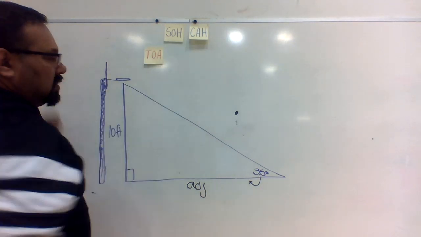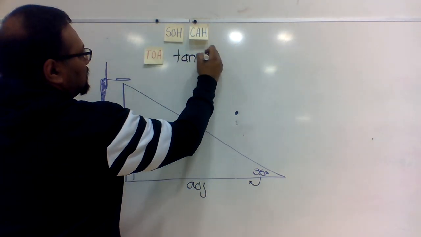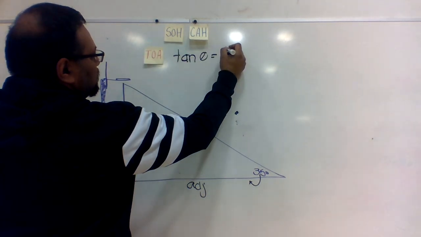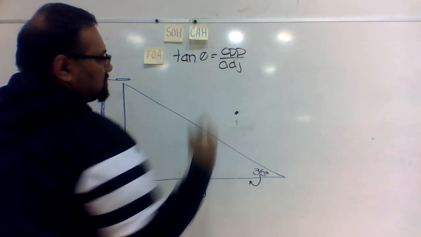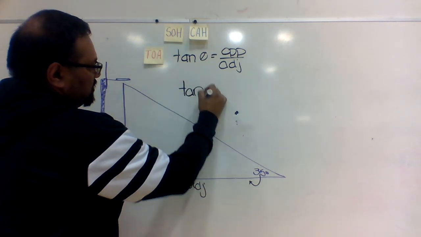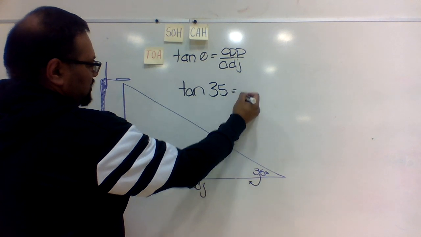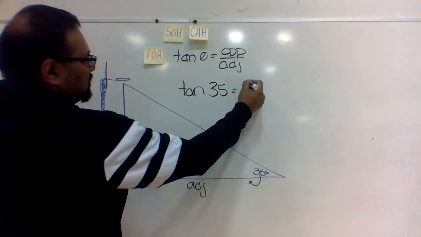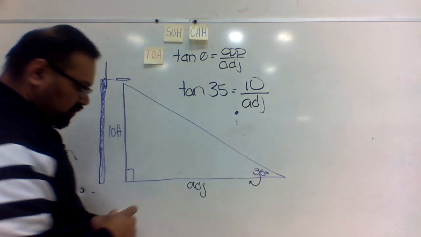So, TOA: the tangent of an angle is equal to the opposite divided by the adjacent. Well, we know the tangent of 35 degrees is equal to 10 feet over this ADJ.